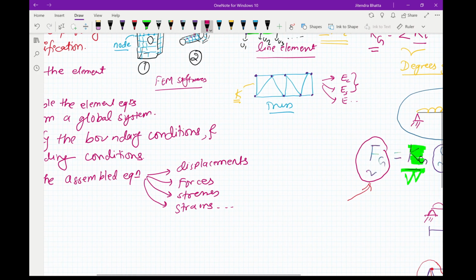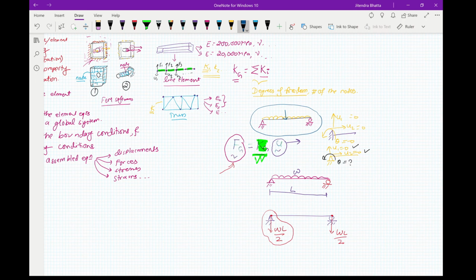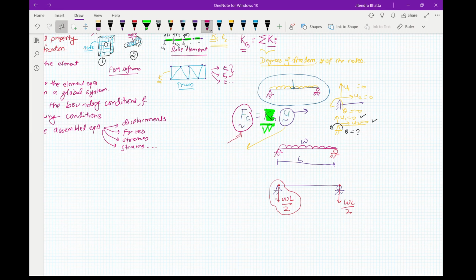What this means is that once you have assigned your boundary conditions, let's say you want to find your displacements, then this equation gives you your displacement vector equals the inverse of your stiffness matrix times your force vector.